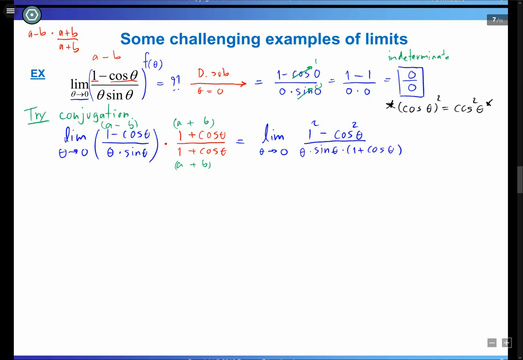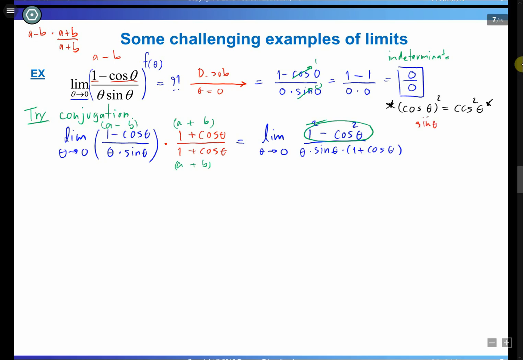So what's going to happen next? Here I have 1 squared equal to 1, so I can take it out. So let's take a look at this: 1 minus cosine squared. I think I can use the trigonometry property of this.